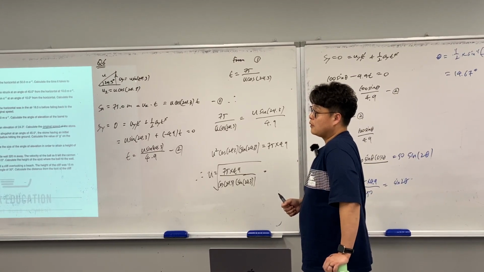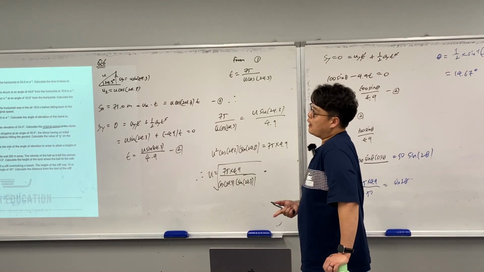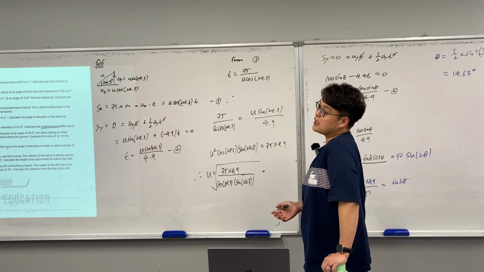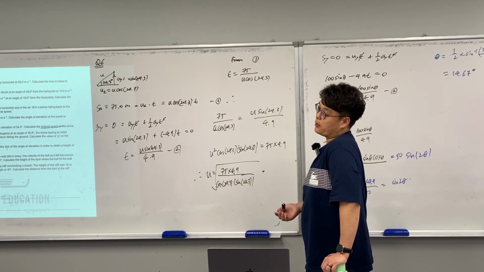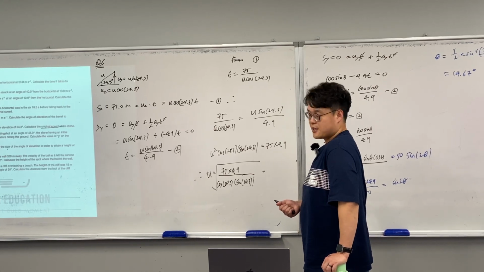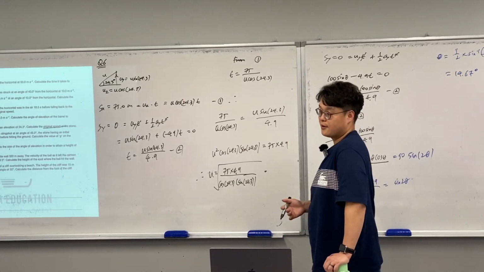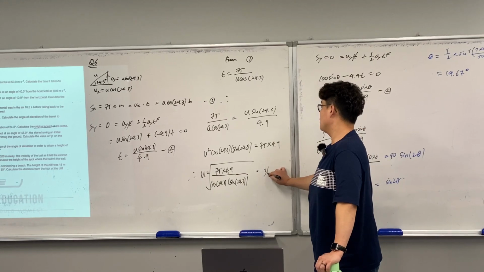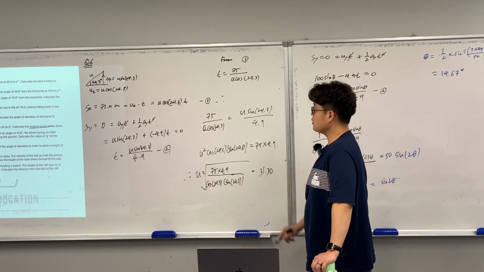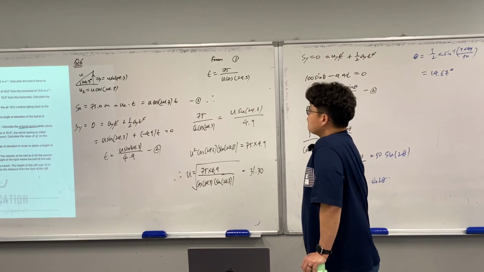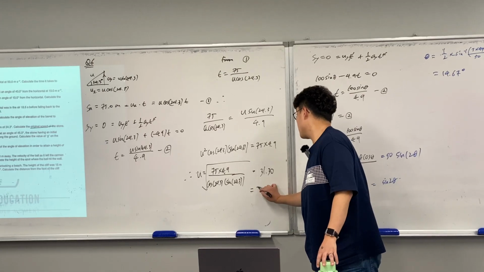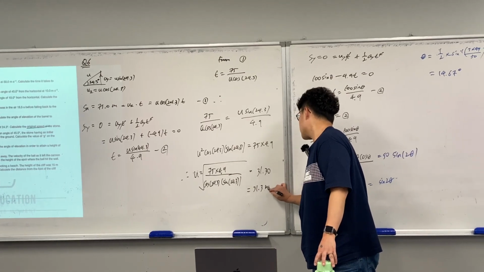The other method as well? If you use half of the maximum height, the time is a little more tricky; you get the square of the time. So what do you get? 31.3. Given 3 significant figures in question 6, we have 31.3 meters per second.